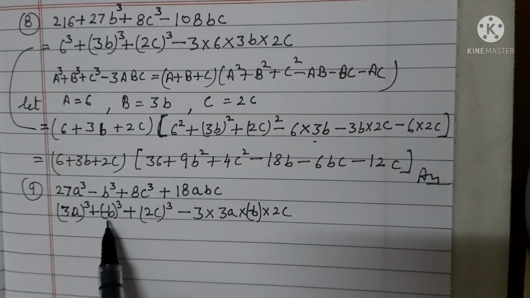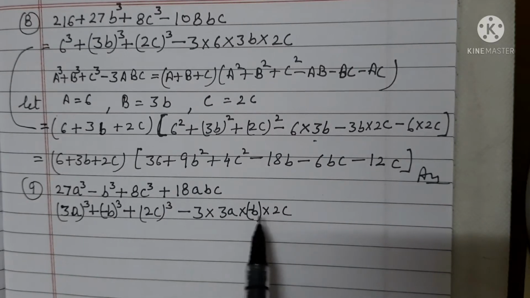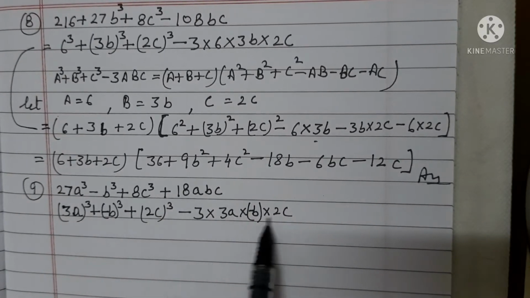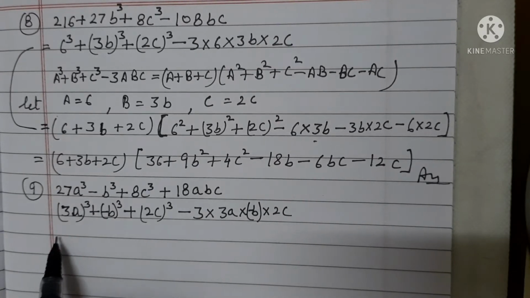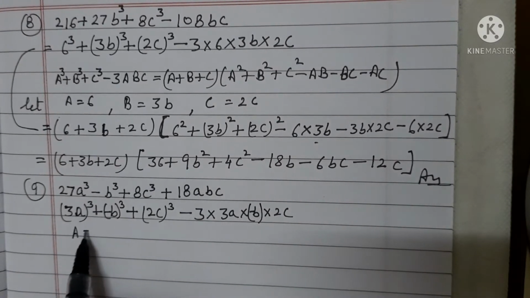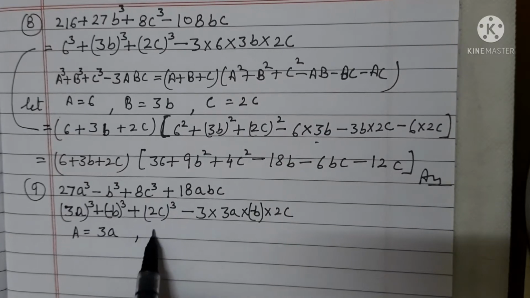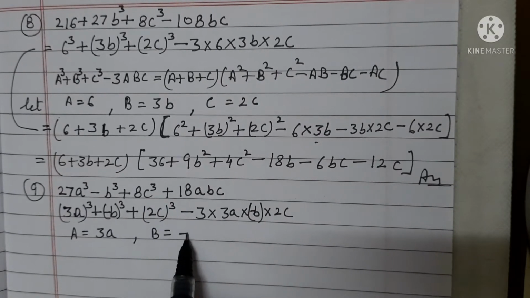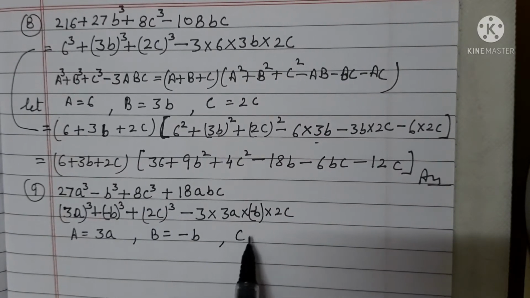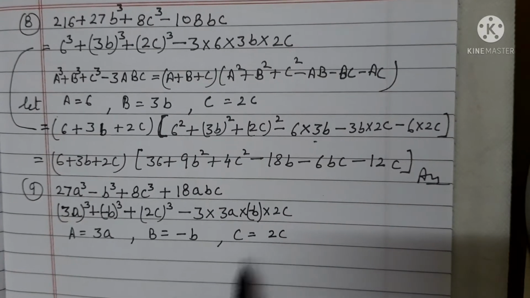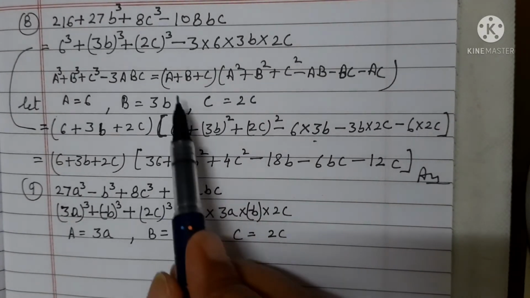So this expression will be the same. We are changing it in this form where a is equal to 3a, b is equal to minus b and c is equal to 2c. So you can convert in this form.